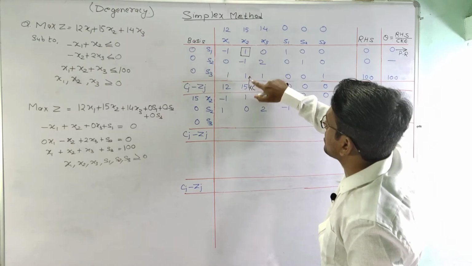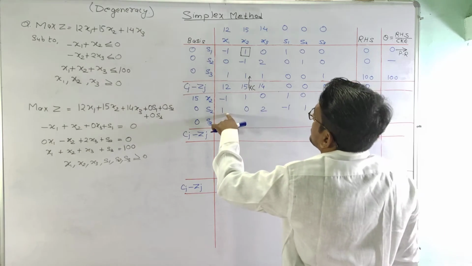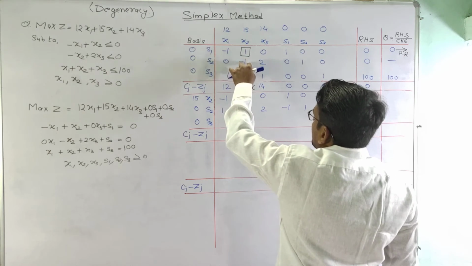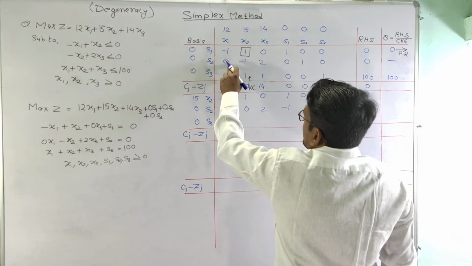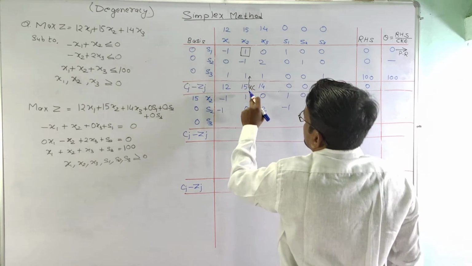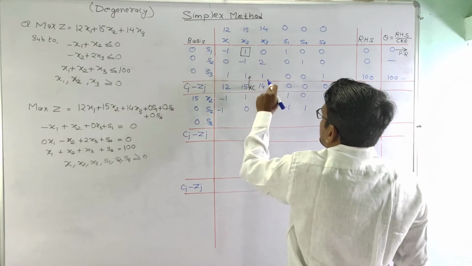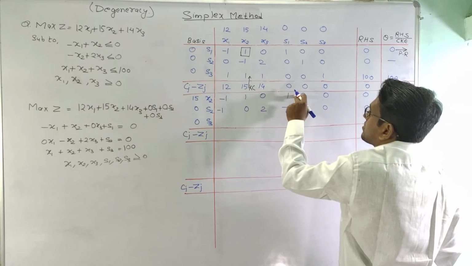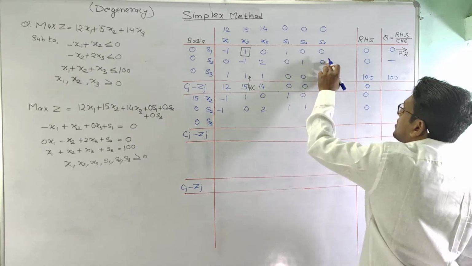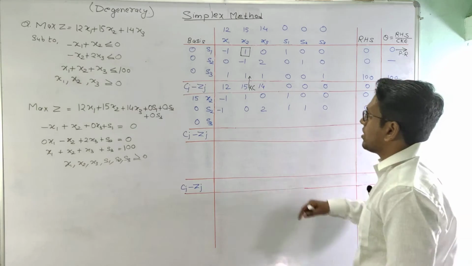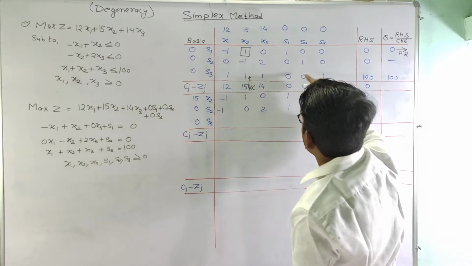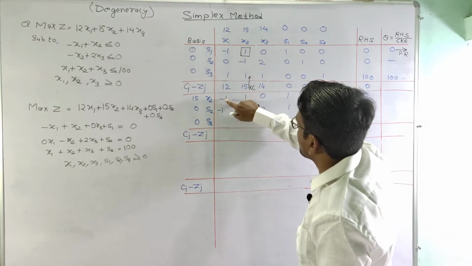Similarly, this has to be 0, so to make this 0 we add: this plus this will be 0, this plus this is 0, this plus this is 2, this plus this is 1, this plus this 0, this plus this 0. Now to make this 0, we subtract row 3 minus new row 1.